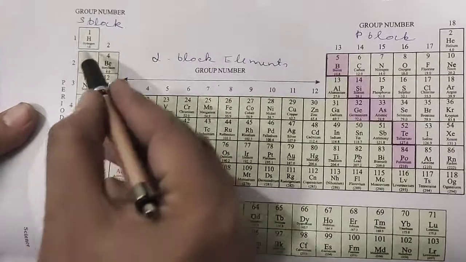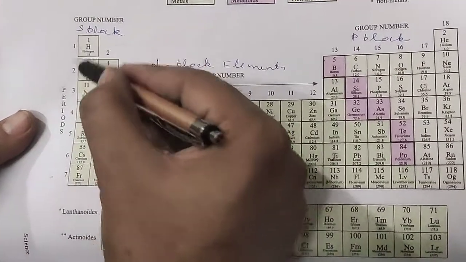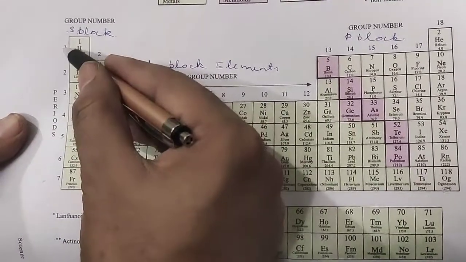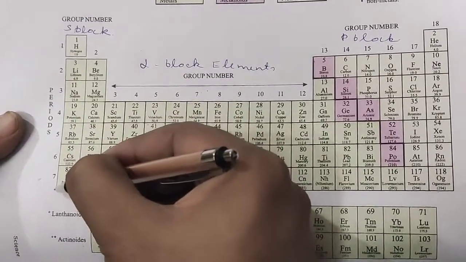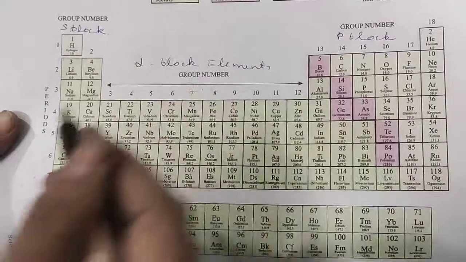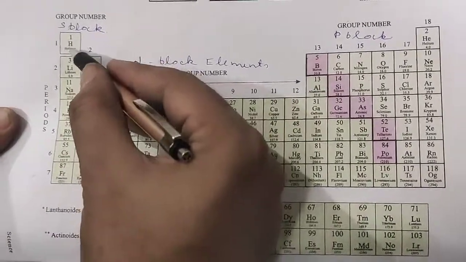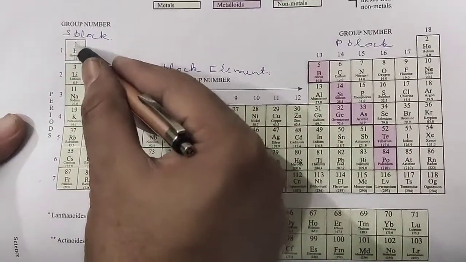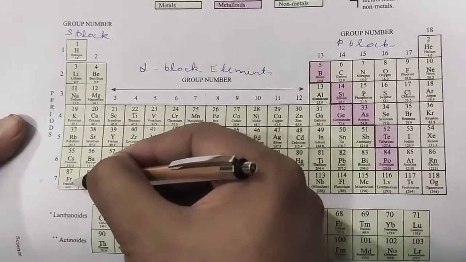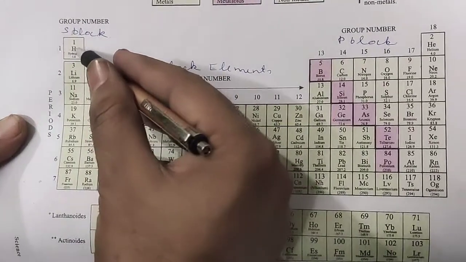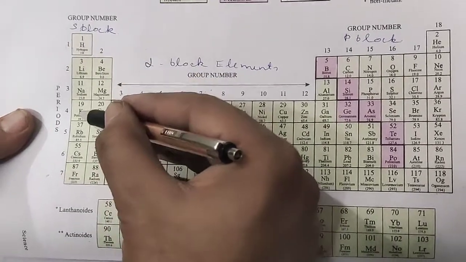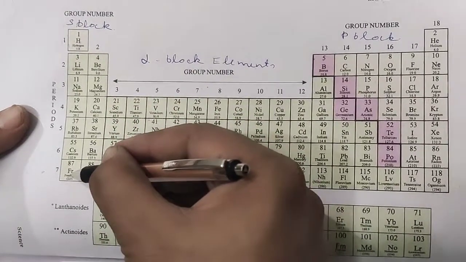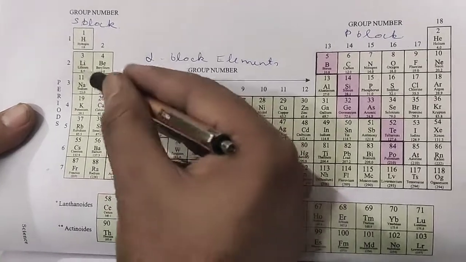Now if we observe from first to this 7th, what are they? They are the periods. In the group, the valency is similar. If we compare the valency here, student, in hydrogen, lithium, sodium, potassium, rubidium, cesium, and francium, then what valency will they have?